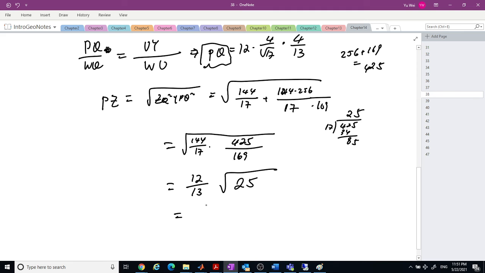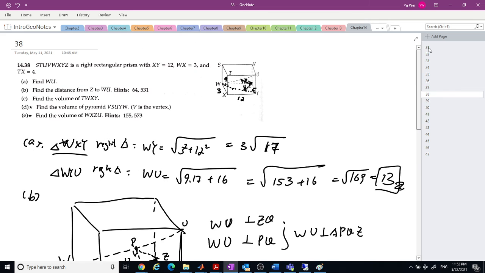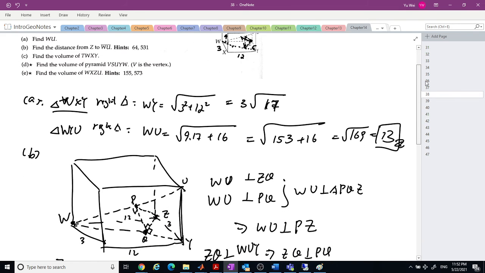So now we find the distance from Z to the line, right?